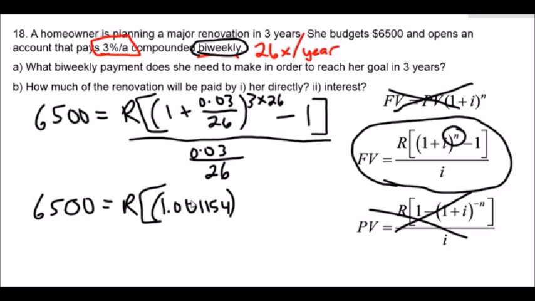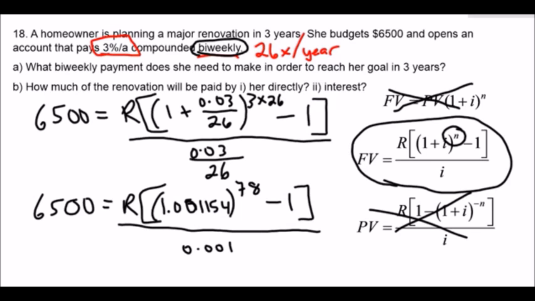That's a 0, it sort of looks like an ugly 6, so let me make sure. So that's what's in the bracket. And my next step is going to be the exponent. So 3 times 26 is 78. So that's 78 minus 1. And then all of this is divided by 0.03 divided by 26, which is 0.001154. I've seen that already.